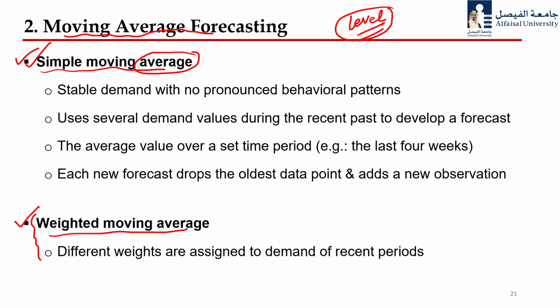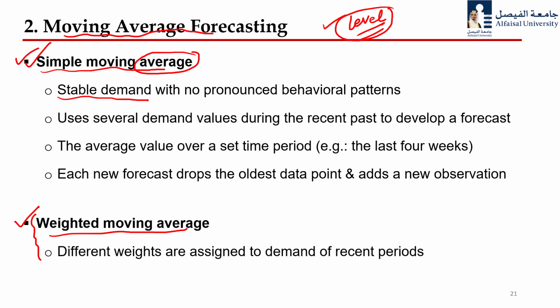So the simple moving average is applied when you have only the level pattern, which means a stable demand around the average point. There should be no seasonality and no trend. In that case, this method can be applied.